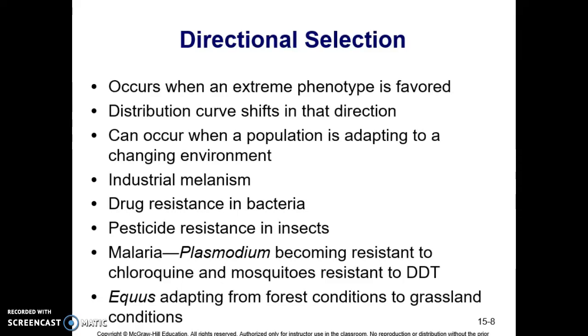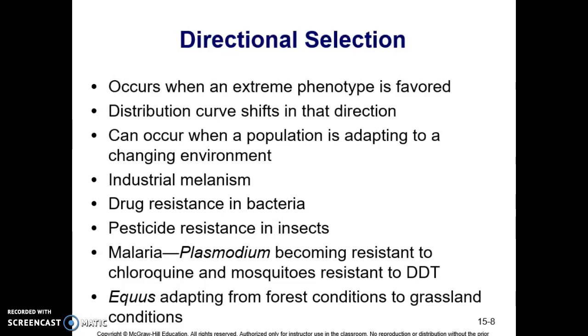Some examples of this, and we'll see some pictures of this coming up. Industrial melanism is the classic example of the peppered moths in the Industrial Revolution starting in England in the 1800s.